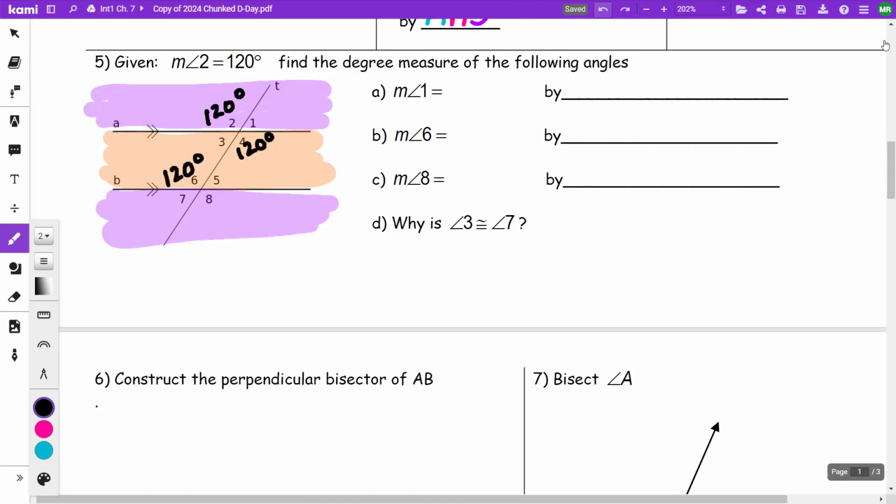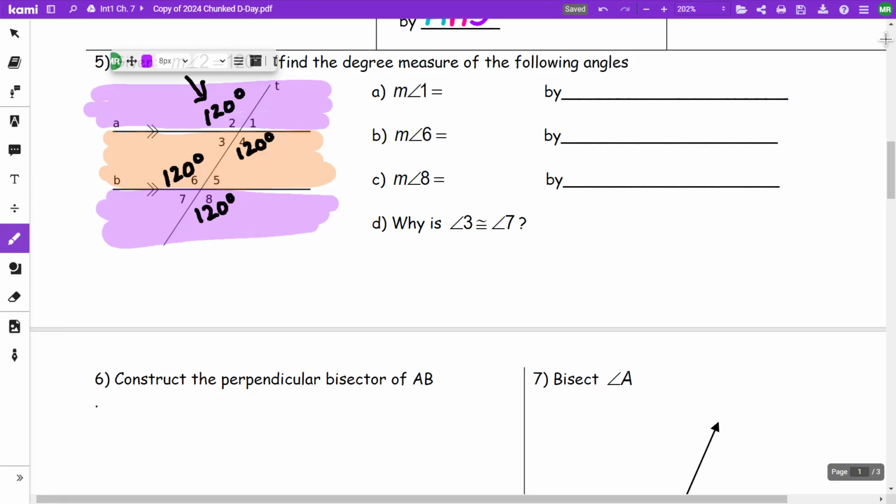I know that angle 8 is going to be vertical with angle 6 because, again, this line here and this line here are intersecting. That makes this 120 degrees because those are vertical angles. We also know that this angle here and this angle here are alternate exterior angles.